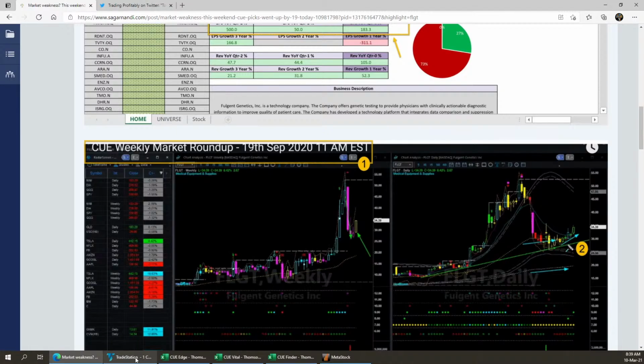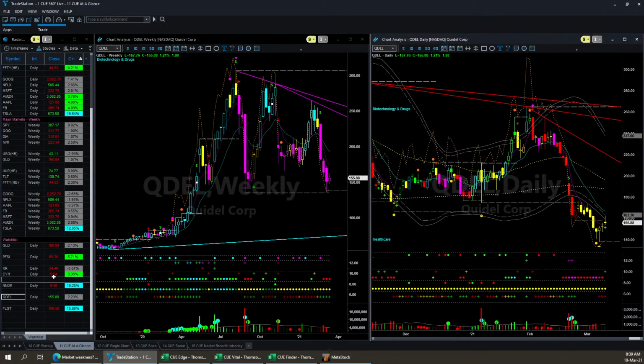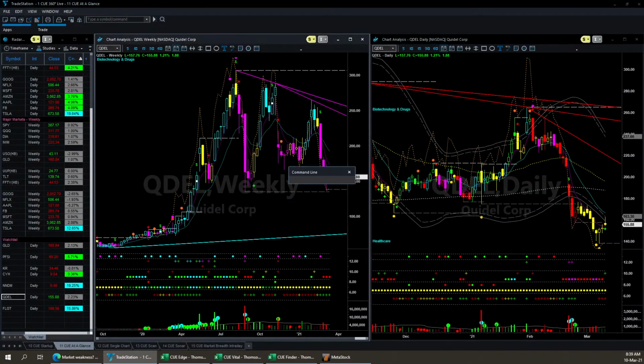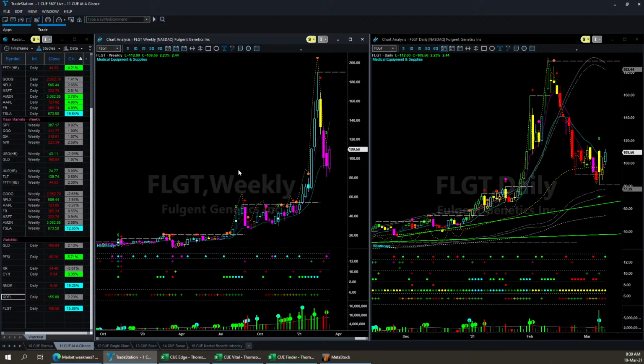Now let's look at Fulgent. From 34, it went to almost 200, and now it pulled back to, from 200 it came to 80, came to the yellow direction line.